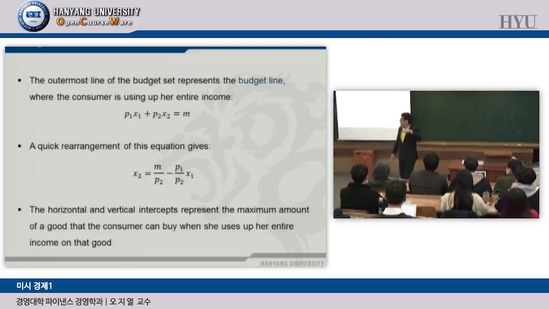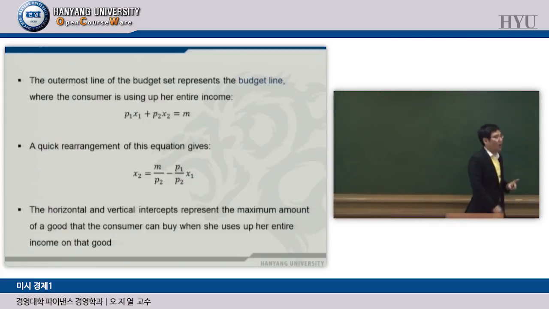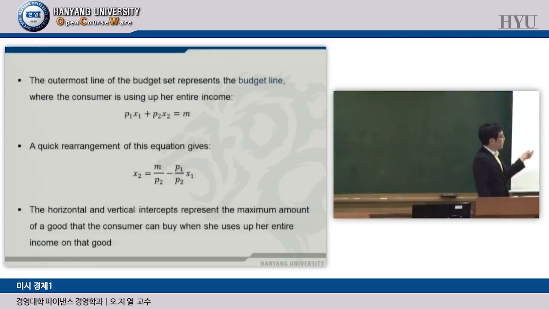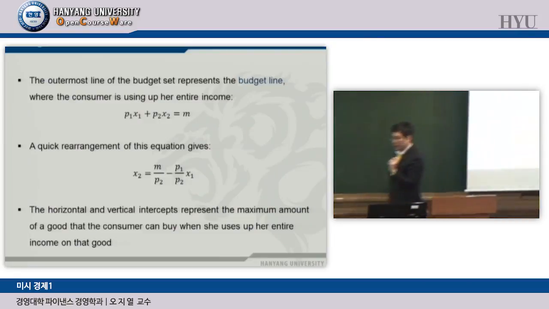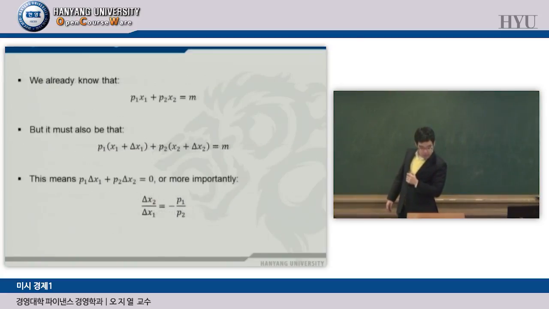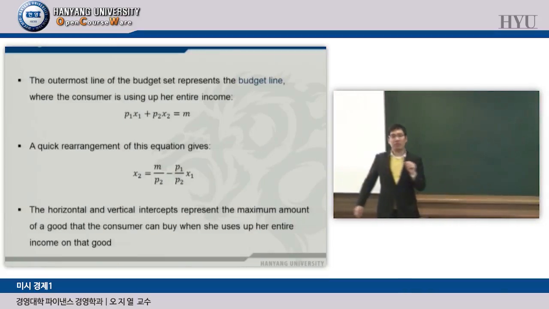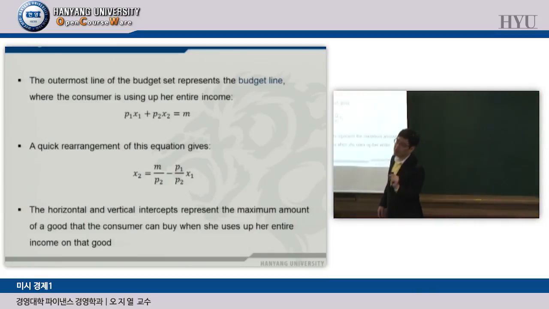The slope on that is minus P1 over P2. Now, please remember this minus P1 over P2, because that has a very important meaning when it comes to the optimal choice of the consumer.